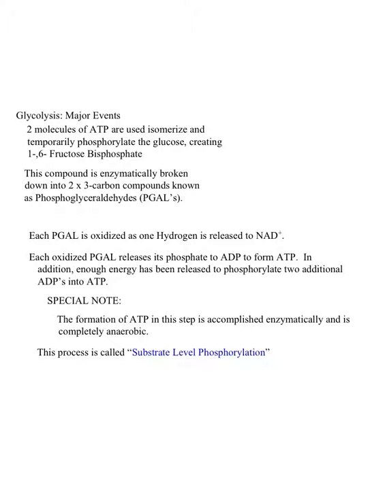phosphoglyceraldehydes. And I'm not sure if you remember what a glyceraldehyde looks like, but it has a formula that looks something like this. Imagine a 3-carbon compound, and we can put hydroxyls over here and hydrogens here, and then we're going to make this an aldehyde.